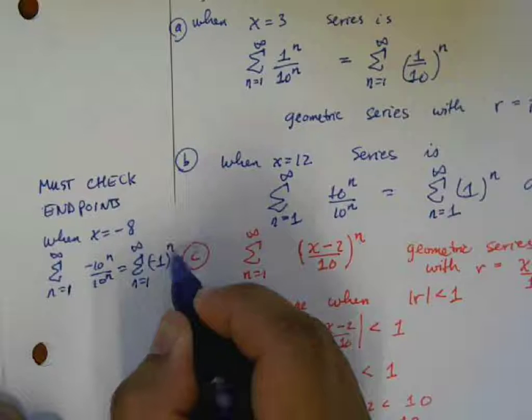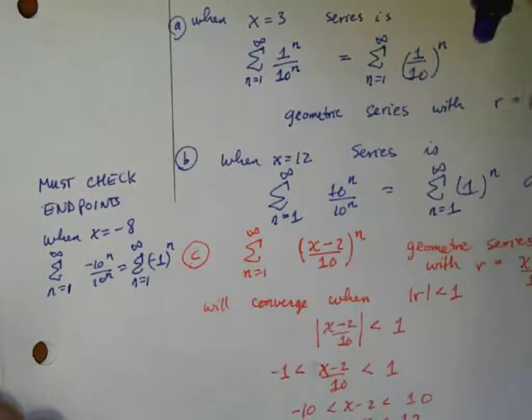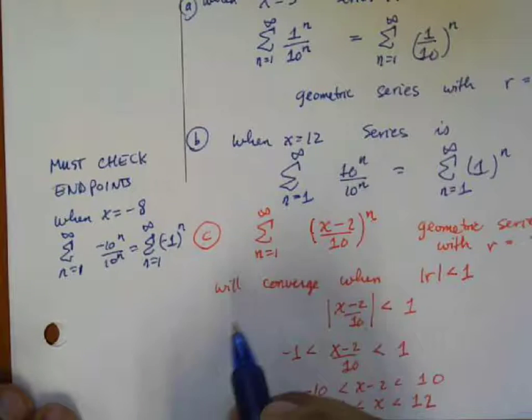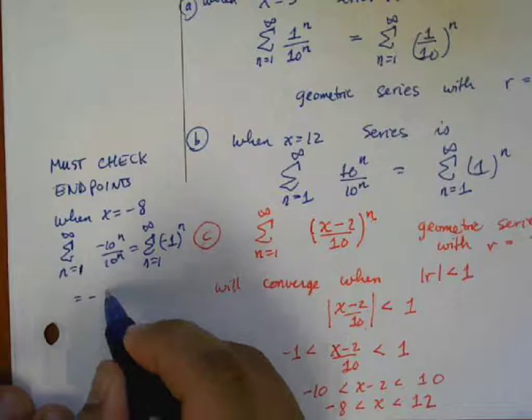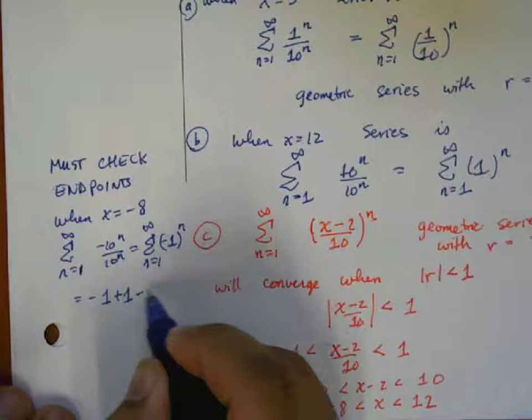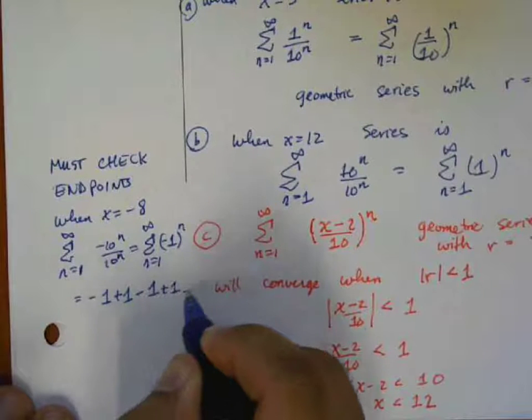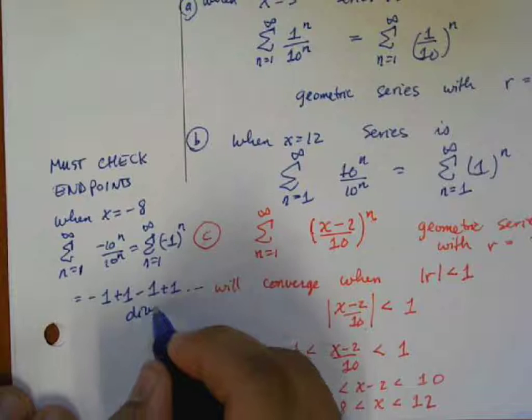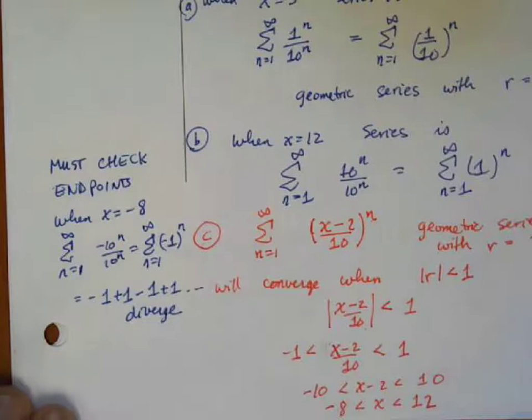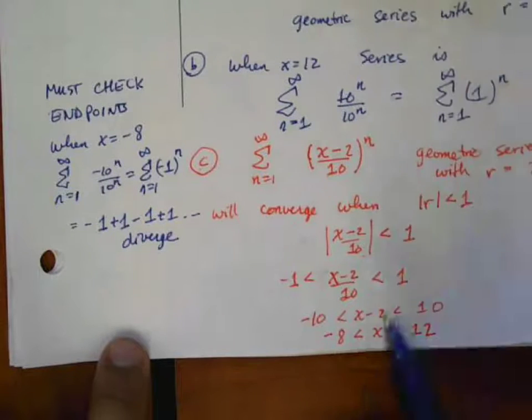And so this series is going to alternate back and forth between negative 1 and positive 1. So it's going to be like negative 1 plus 1 minus 1 plus 1, and so on, and this will diverge, because the partial sums do not approach anything. So we do not need to put an equal sign under here.